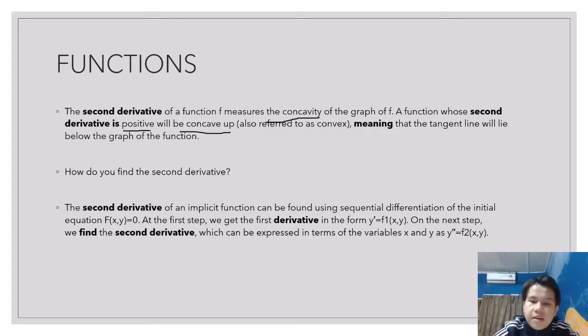At the first step, we get the first derivative in the form y' = f1(x, y). On the next step, we can find the second derivative, which can be expressed in terms of variables x and y as y'' = f2(x, y). I'm going to show you more detail in the example given.